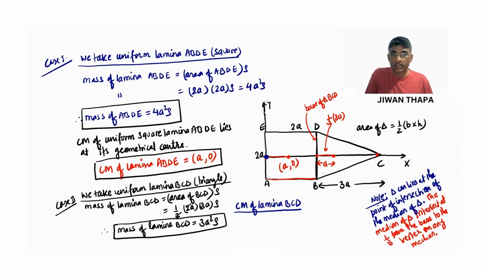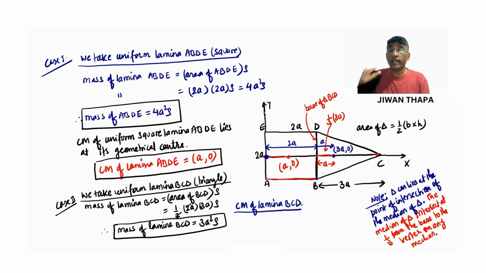So the total length is, we can see, twice A and this is A. Therefore, the center of mass of the triangular lamina is at thrice A, comma 0.